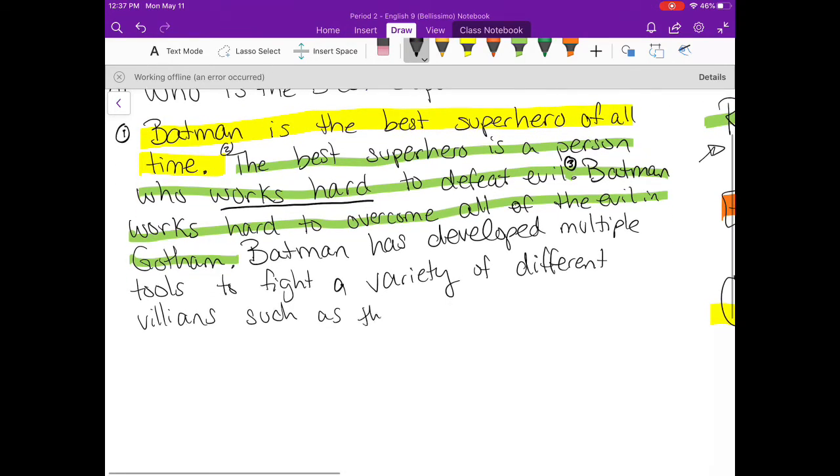The Riddler. Who else does he fight? Firefly.